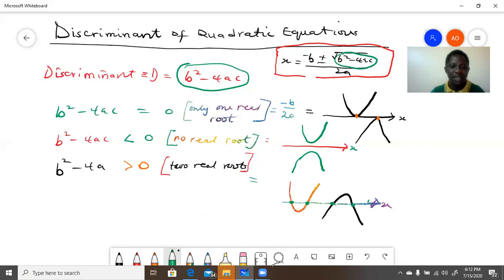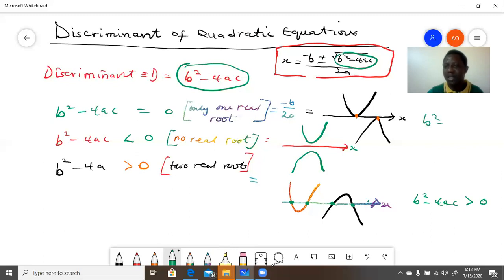In that case, we'll say the quadratic equation has two real roots because the discriminant b squared minus 4ac is greater than 0.